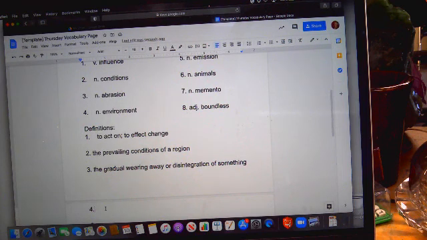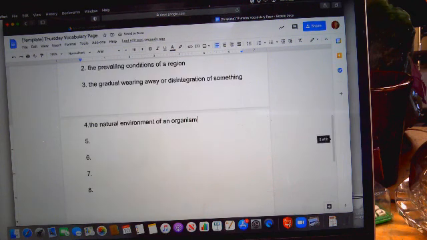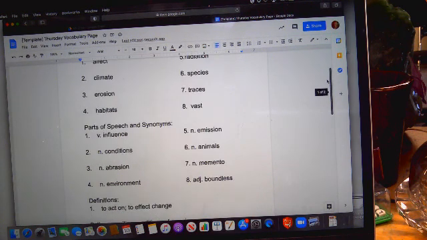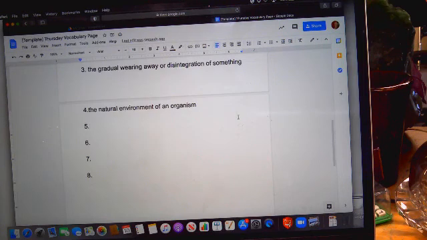Okay, and then we have word 4. The word is habitats, and so our definition is the natural environment of an organism. And then number 5, if we're looking on our chart, which I just zipped back on, number 5 is radiation.